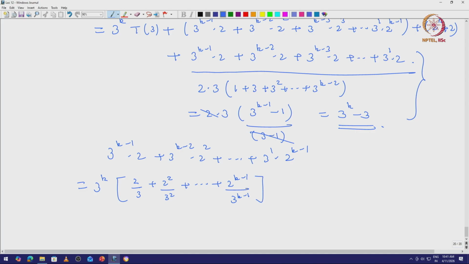Again you can take 2/3 and write like this: 3^k times 2/3 times 1 plus 2/3 plus 2^2/3^2.